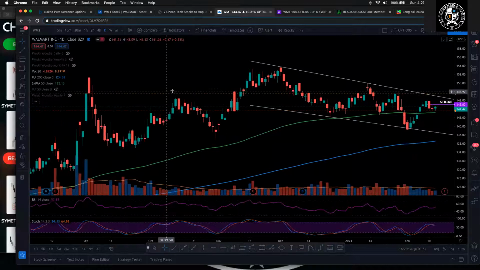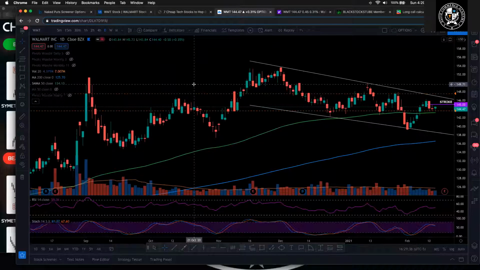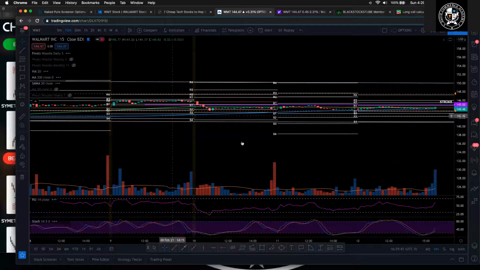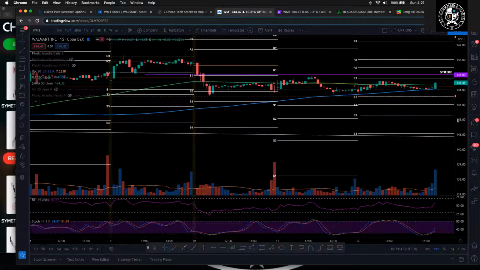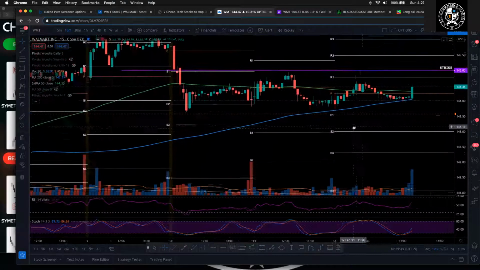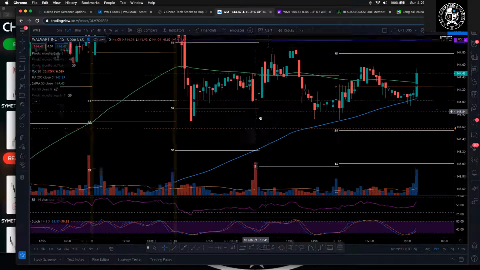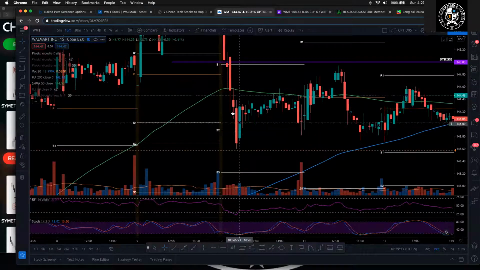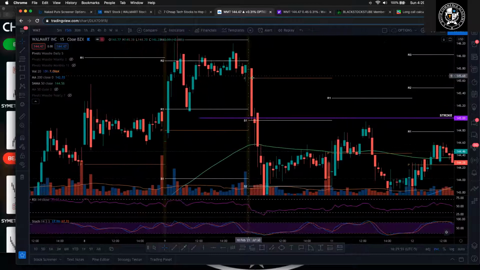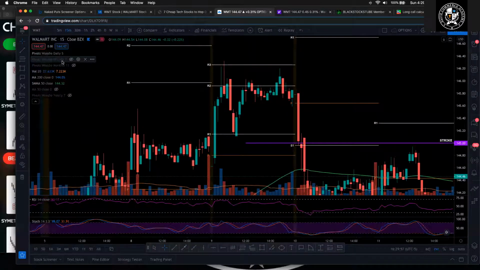If you want to day trade, I know we got some day traders on here, then maybe you want to look at the daily pivots. But if you want to look at the daily pivots, you're going to have to scroll down to a lower time frame, like a 15-minute time frame. So that way you can use them in their proper time frame.